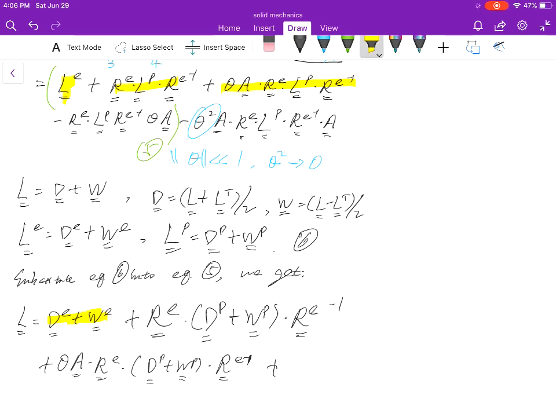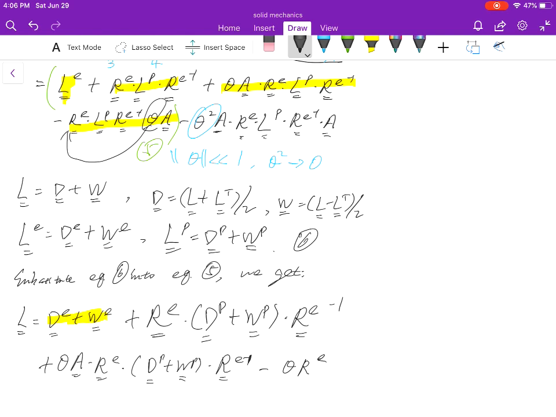And lastly, it's the fourth part. We write them as, oh no, plus, it's minus. So it's minus theta. We just write this theta in front here, because it's not a matrix, it's just a scalar.